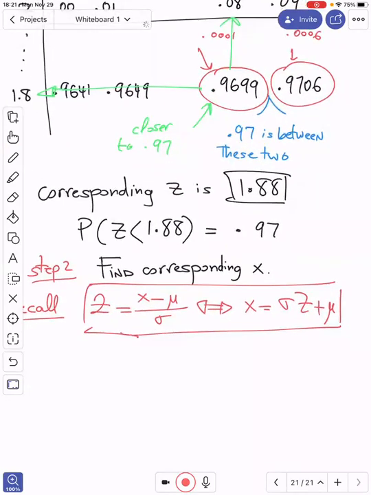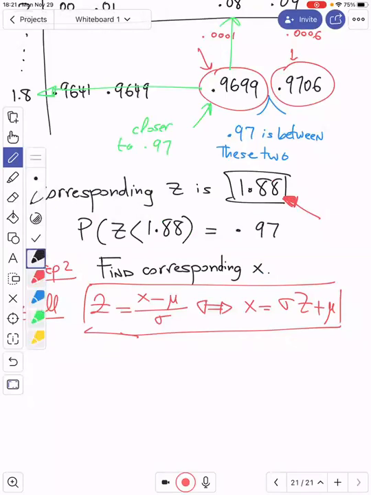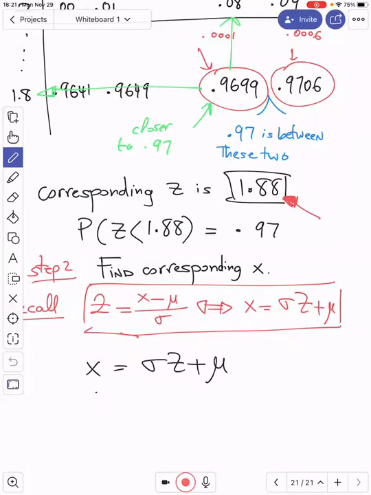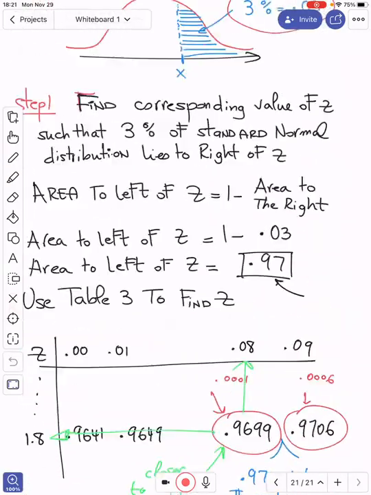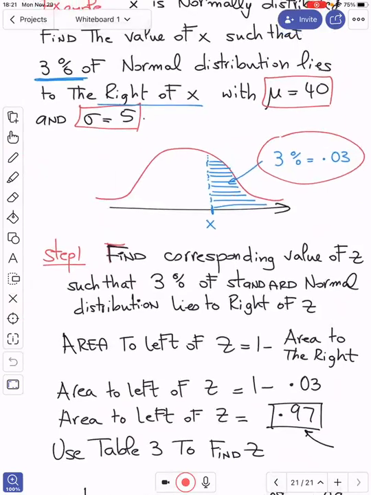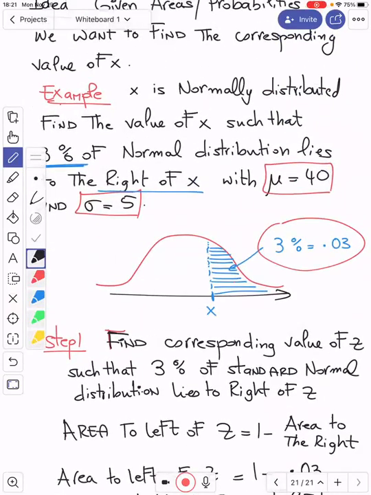Now, if my Z is 1.88, I need to find X, so X is equal to sigma Z plus mu. What's sigma? Sigma and mu are given, here.